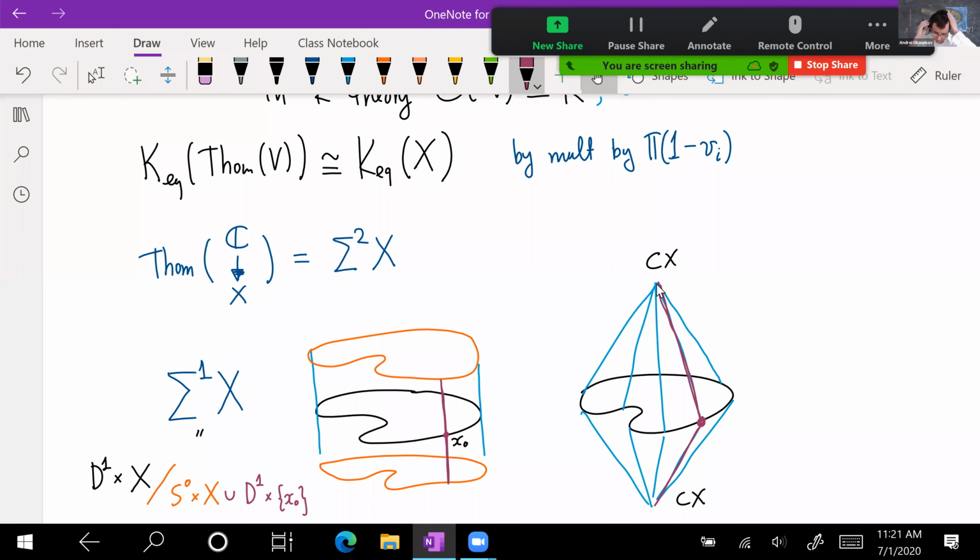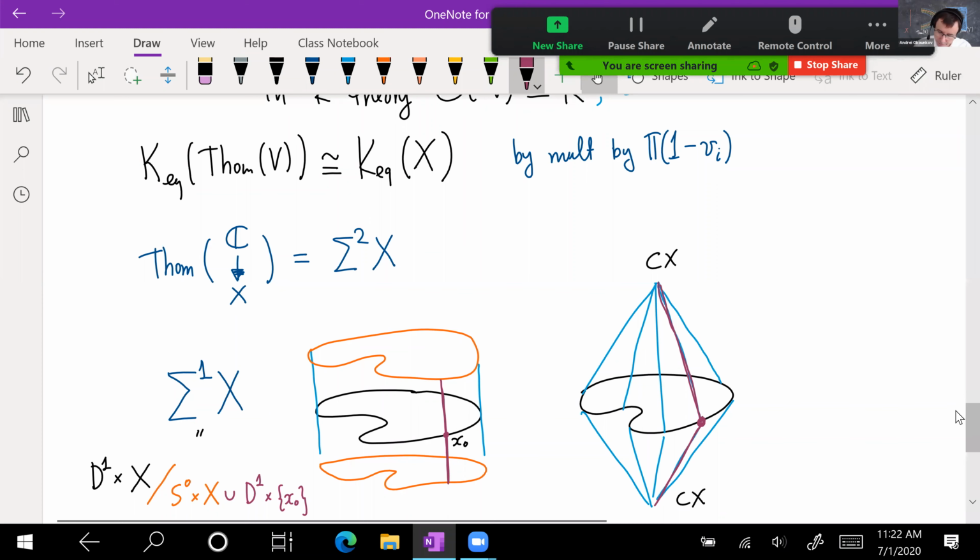So something like this you can do in any dimension. In particular, if this one-dimensional disk was a two-dimensional disk, this is like the boundary of a trivial S2 bundle, and that's a trivial disk bundle.